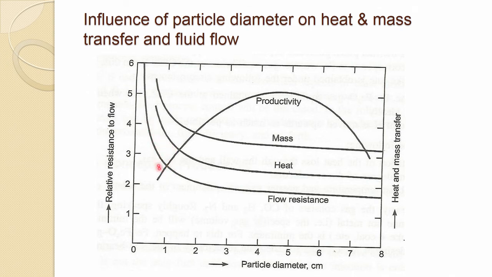If it is a big resistance, you can't put more volume into the blast furnace, and your productivity is going to decrease certainly. So, one has to optimize that. This is not a very good situation at all. So, particle size below 10 must be avoided and should not be fed into the blast furnace.